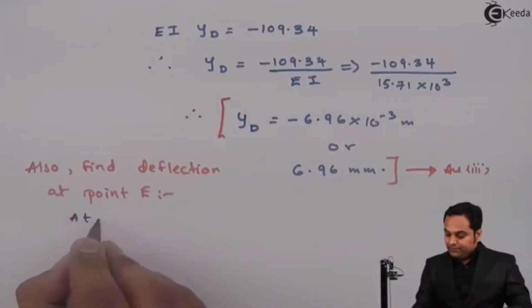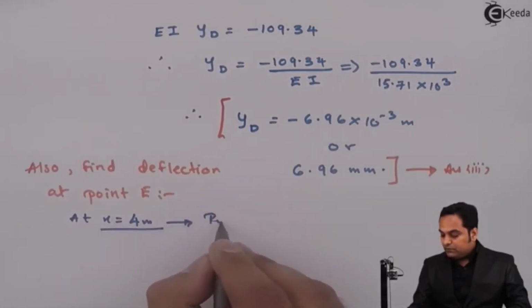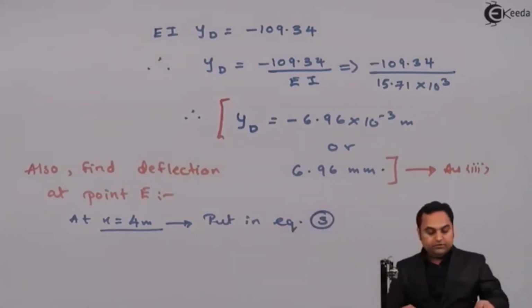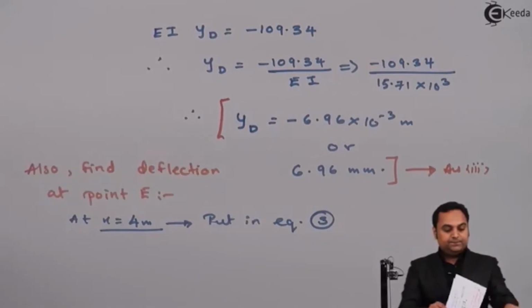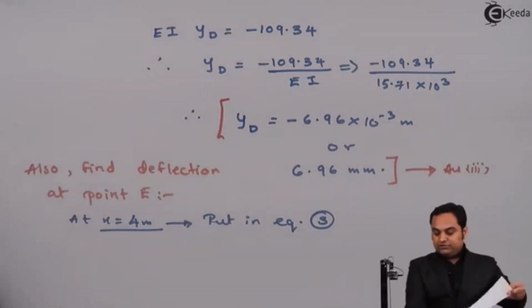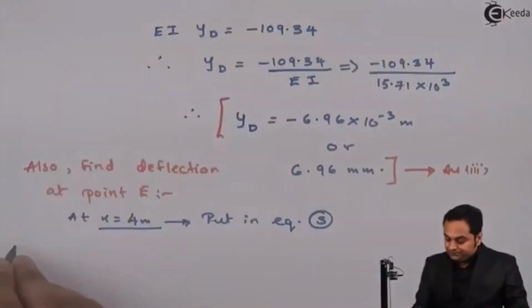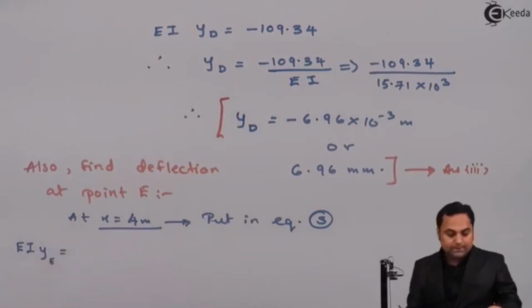So at x is equal to 4 meter, put in equation 3. In the third equation, we have EI into y. I want to find at E, so suffix E.